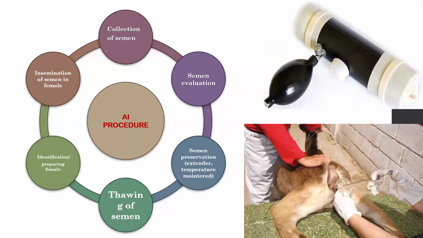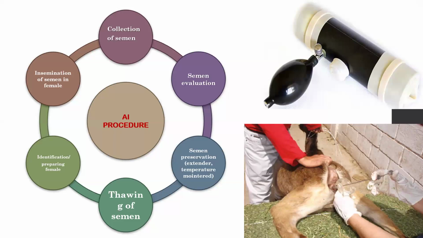After preparing the female, we have to collect the preserved semen and thaw it properly. Thawing of semen means bringing that semen to the particular required temperature at which it can be introduced into the female body. Afterwards, we will do the insemination.